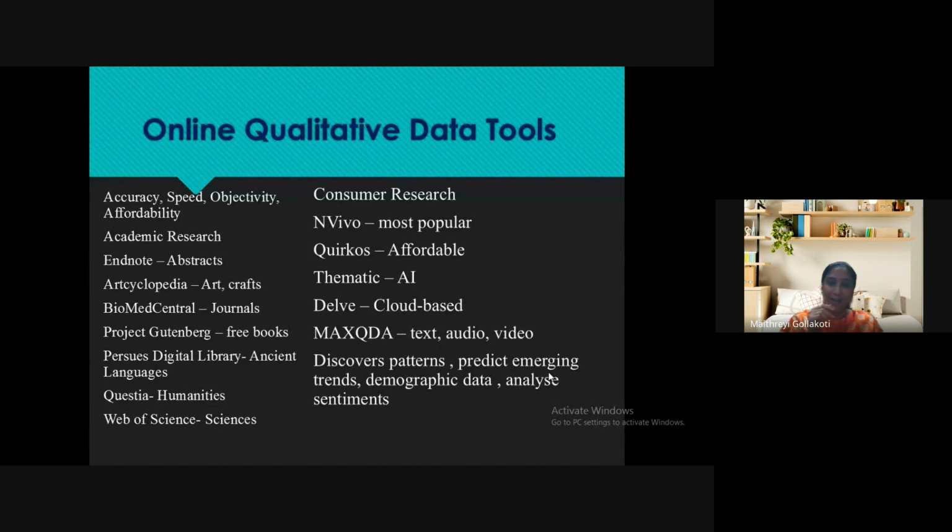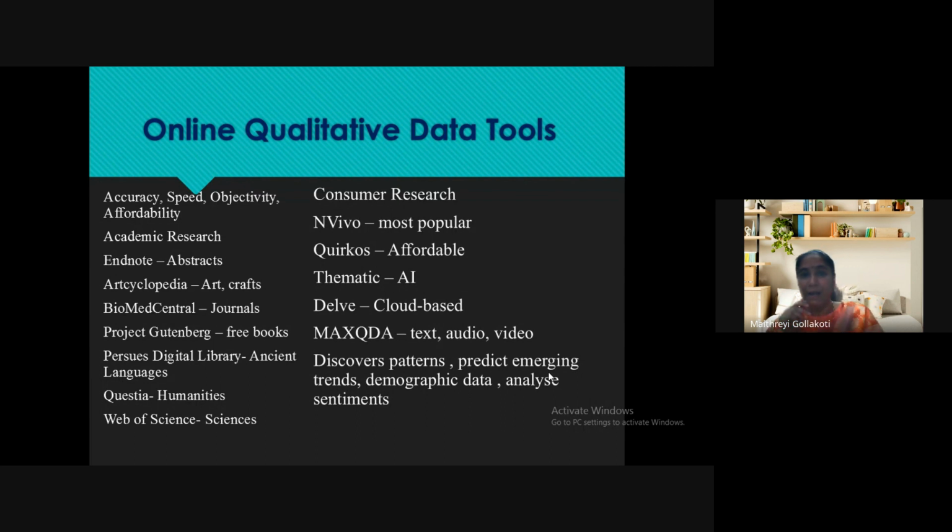Okay. Now let us see what are the online qualitative data tools. I have divided them into two parts. The first column, if you observe, are the tools that are used for academic research. Means research which is concerned with education. Okay.